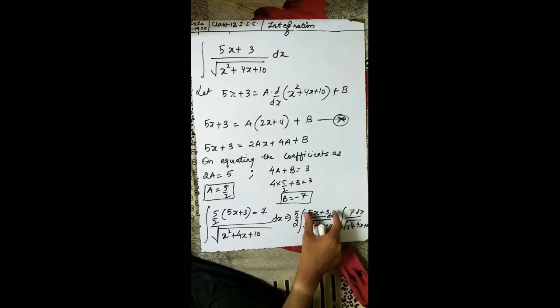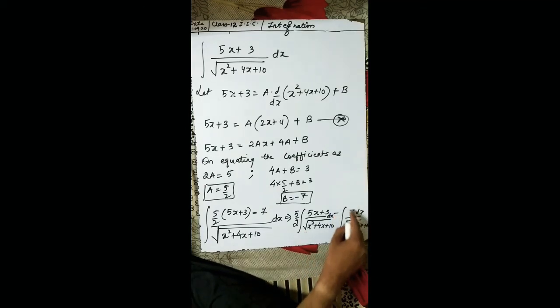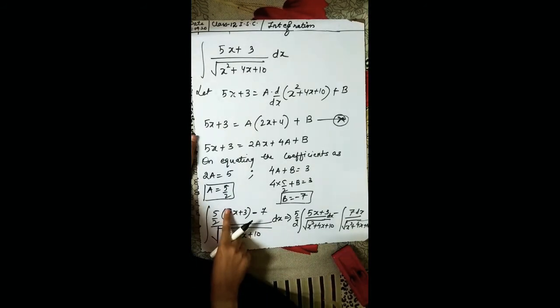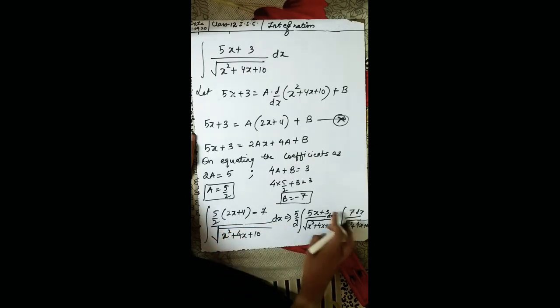So 5 upon 2 integration of 2x plus 4 upon this thing, minus integration of 7 dx upon under root x square plus 4x plus 10. Pardon, here 5x plus 3 will not come, here 2x plus 4 will come, sorry.